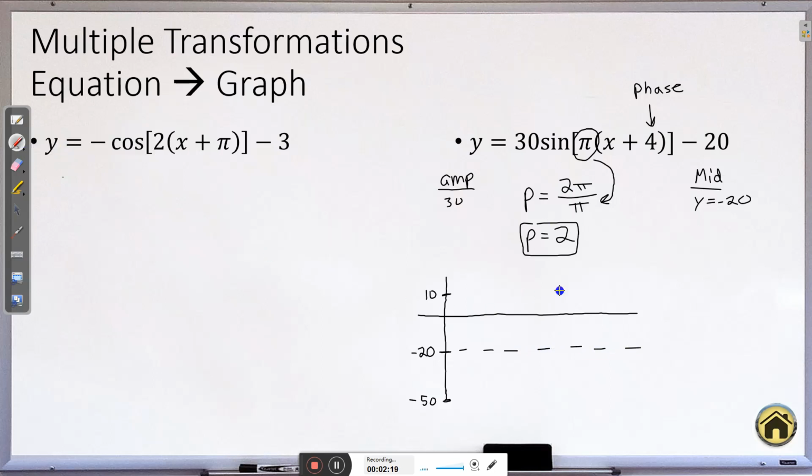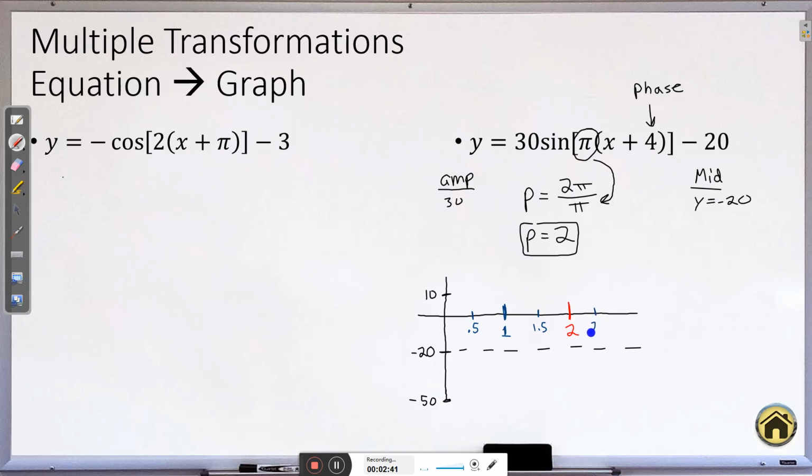A full period is 2. And so I'm going to cut that again into 4 pieces. So if I cut it in half, I'll be at 1. If I cut it in half again, I'll be at 0.5. And that means this one right here will be 1.5. So it looks like we're counting by 0.5s.